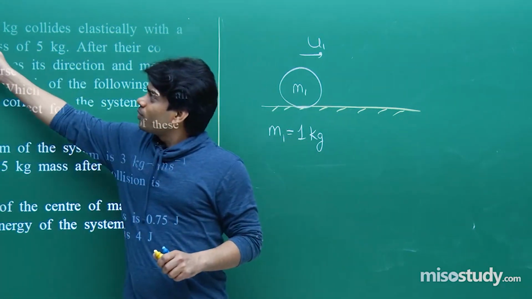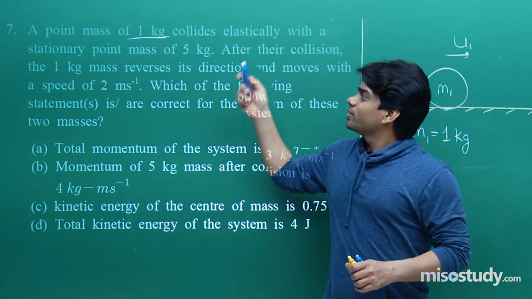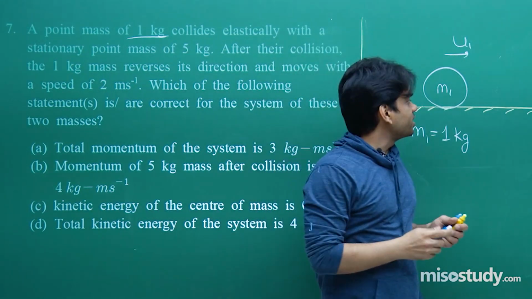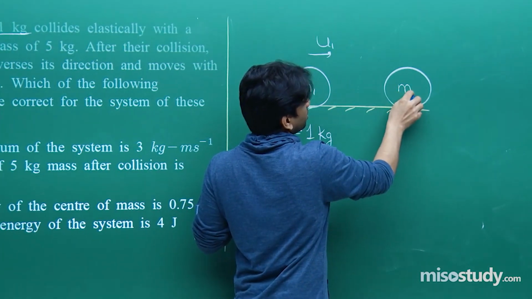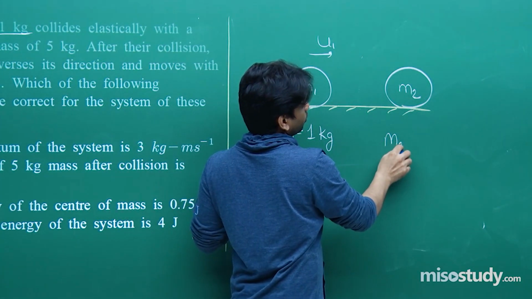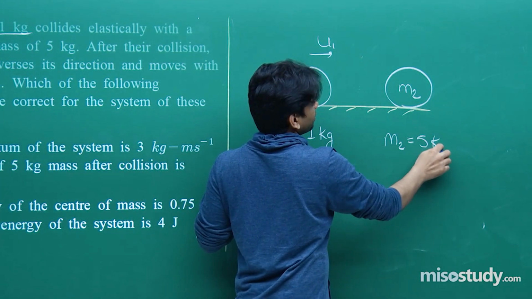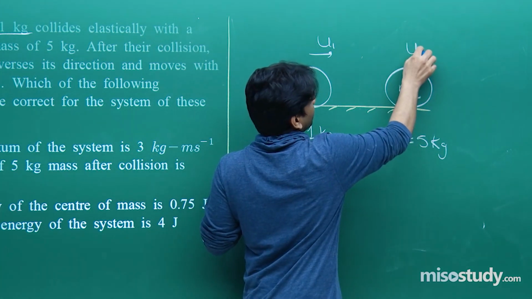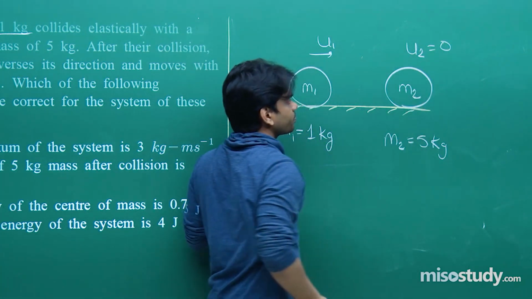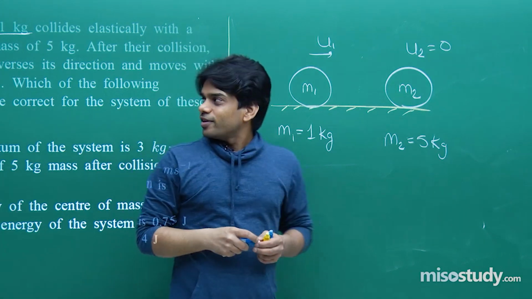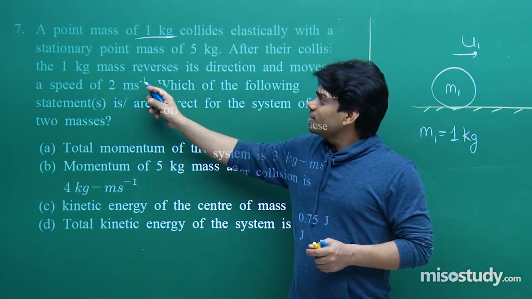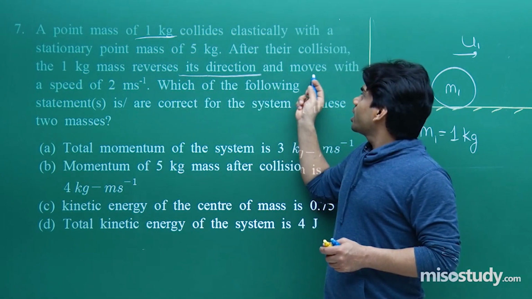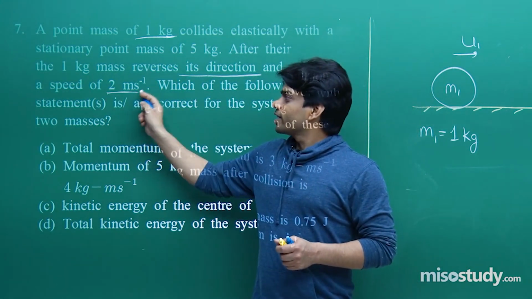A point mass of mass 1 kg collides elastically with a stationary point mass of 5 kg. So we have the second point mass whose mass is m2, and let's say m2 is 5 kg, that has been given. Its velocity is given as u2, that is 0. Second thing given is that after collision, the 1 kg mass reverses its direction and moves with a speed of 2 meter per second.